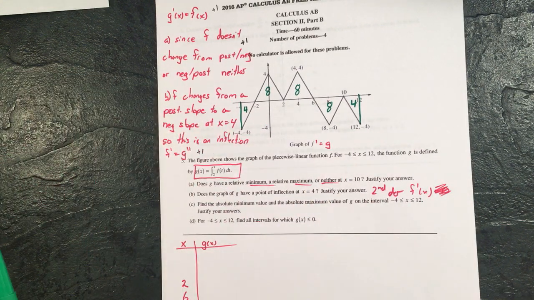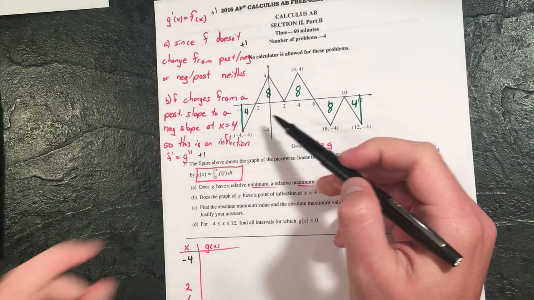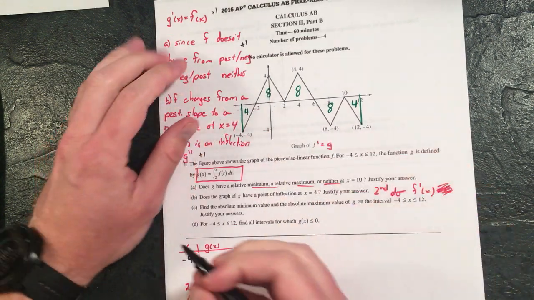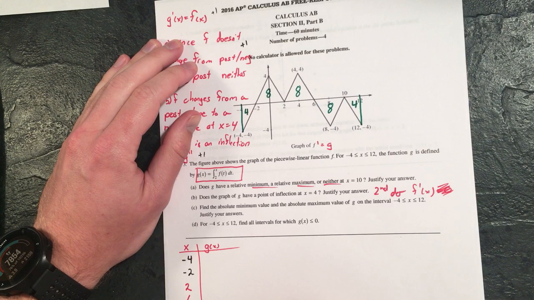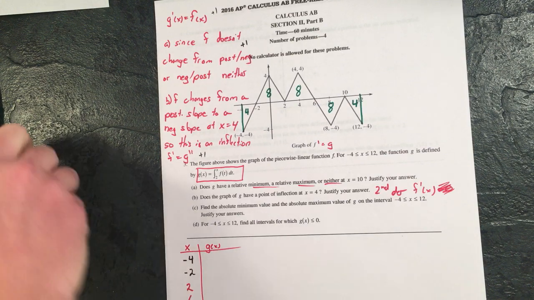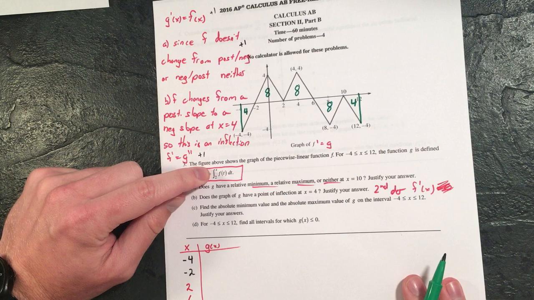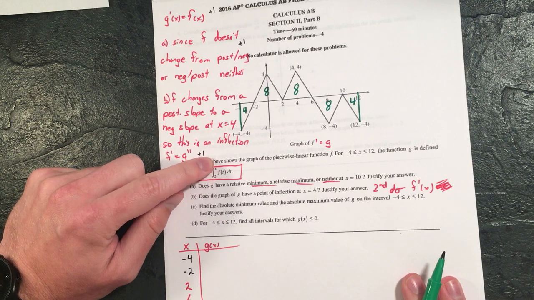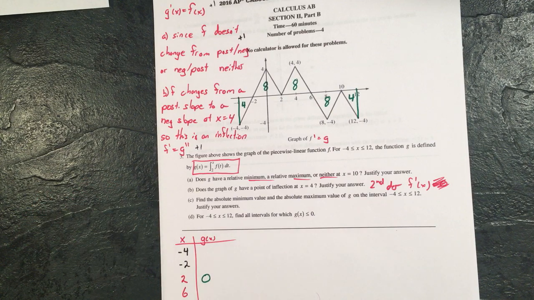So let's put that negative 4 in here, but I want a different color. And then where else does it change from positive to negative between here? It's just negative 2. So yeah, let's put negative 4. And then negative 2, but this one is because it goes from negative to positive. And this is going to help us find out our different areas. Imagine if you put 2 into the actual integral. It's the area from 2 to 2. There's no change there. So that's kind of our neutral starting point.